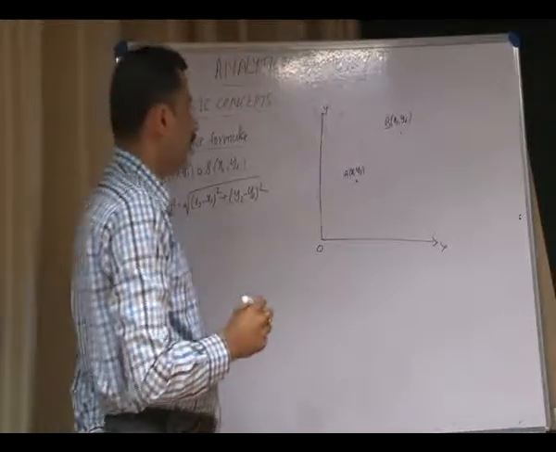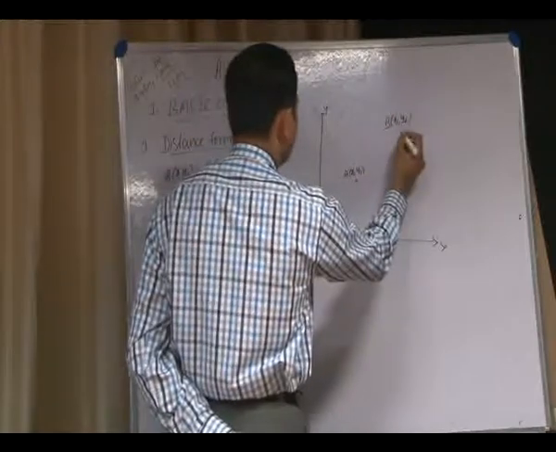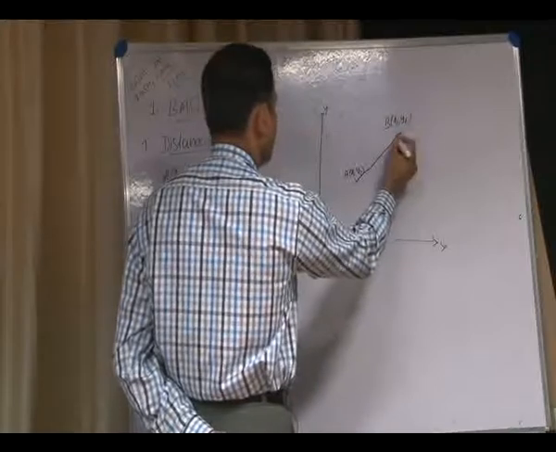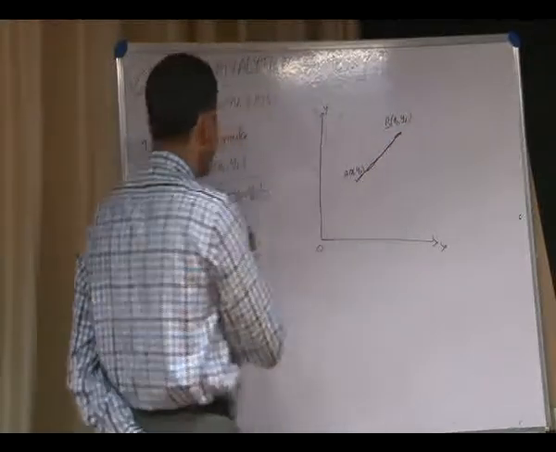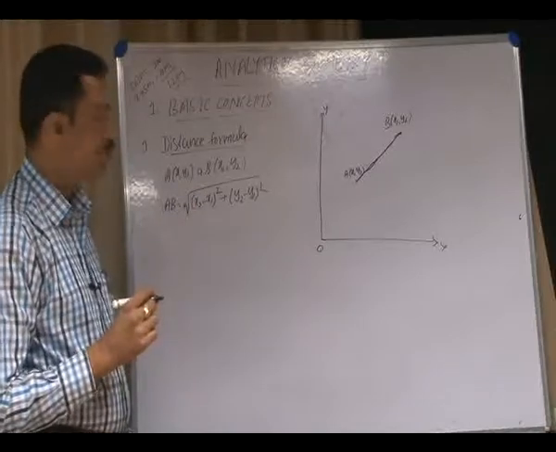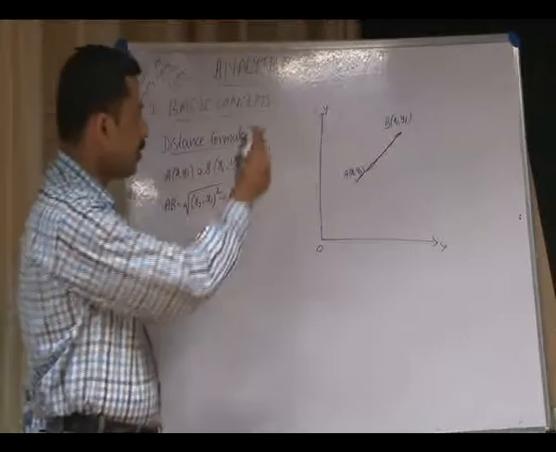We are going to find the distance between these 2 points, so join A and B like this. Then the distance AB can be calculated by the distance formula, the square root of (x2 minus x1) whole square plus (y2 minus y1) whole square. How you get this formula is what we are going to derive here.